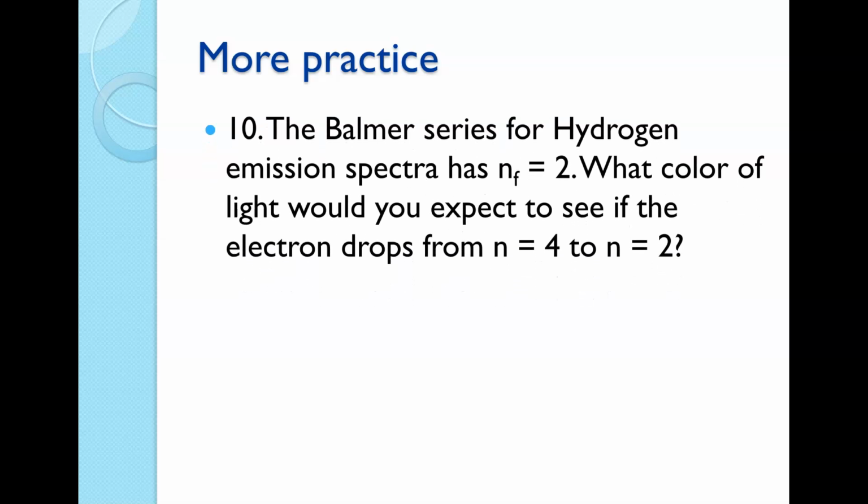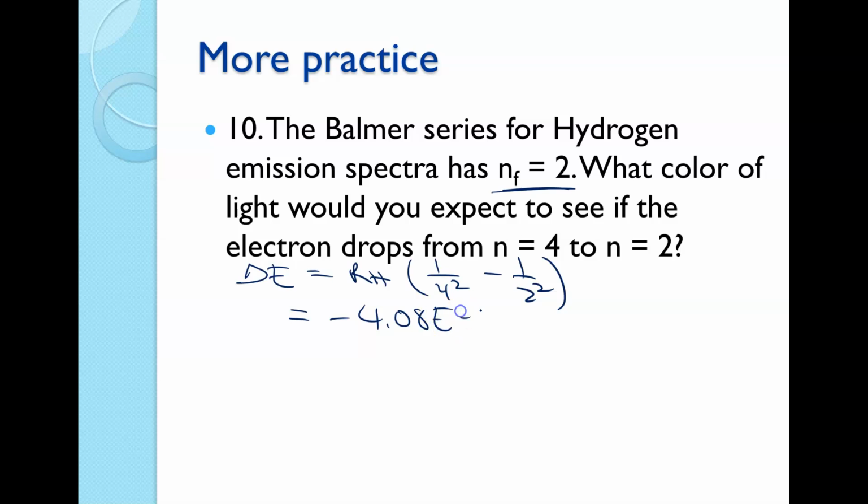Okay, so Balmer series for hydrogen always ends at energy level 2. So what color of light would you expect to see if the electron drops from 4 to 2? So delta E equals RH times 1 over 4 squared minus 1 over 2 squared. Do that math. It ends up being negative 4.08 E negative 19 joules.